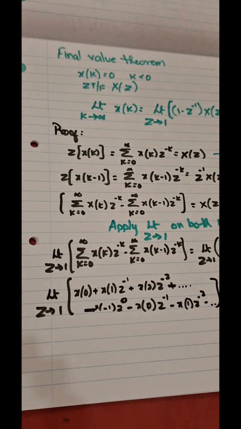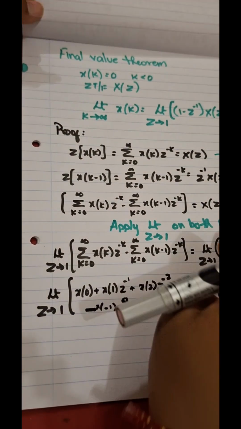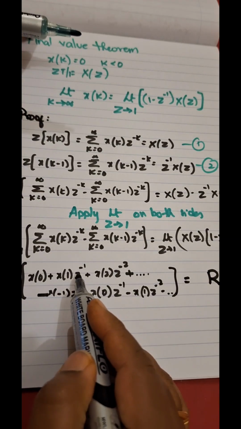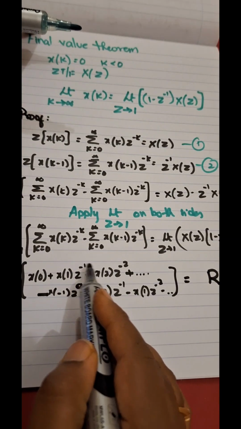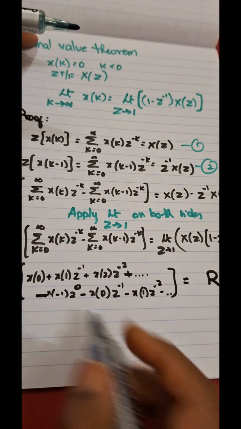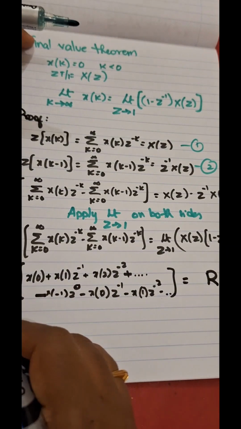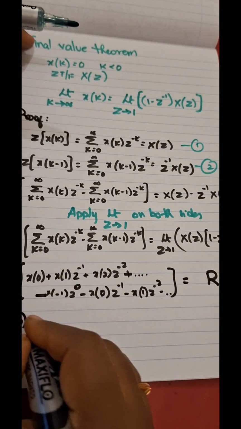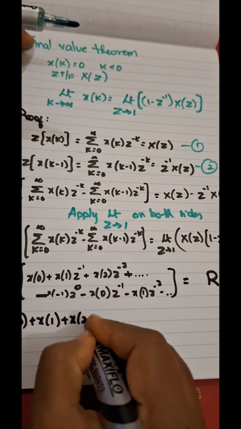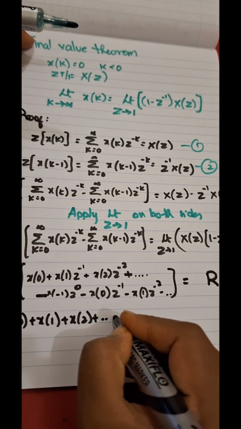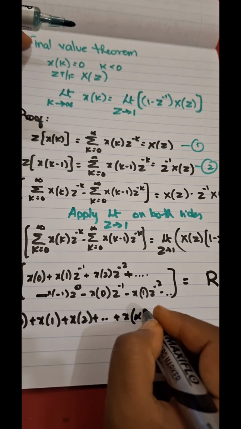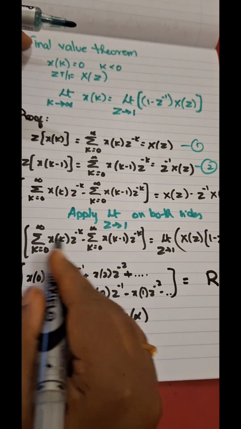Let's not waste time. In the same equation I substitute z equals 1; 1 power anything is 1. So the leftover equation is x(0) plus x(1) plus x(2) plus so on, up to x(infinity).